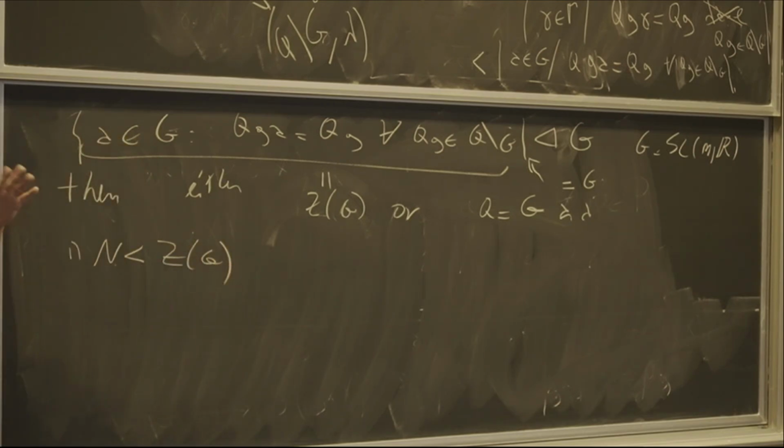So let's assume by contradiction that N is never in Z of G. Then I will show that gamma mod N is amenable.